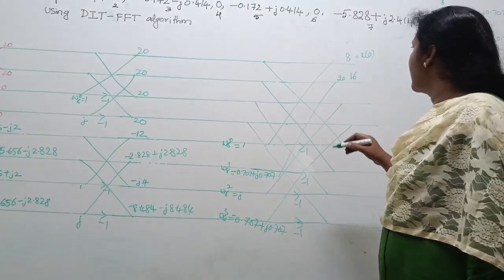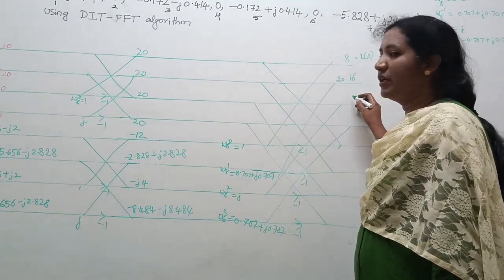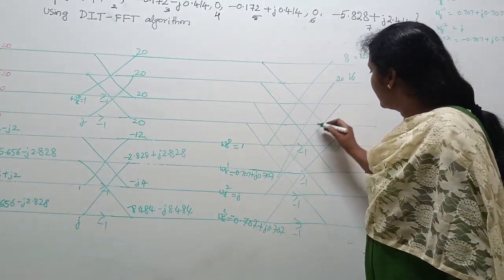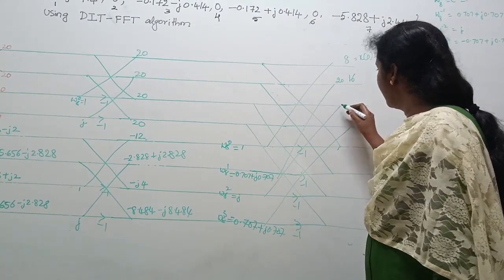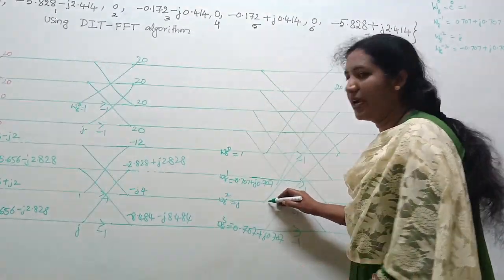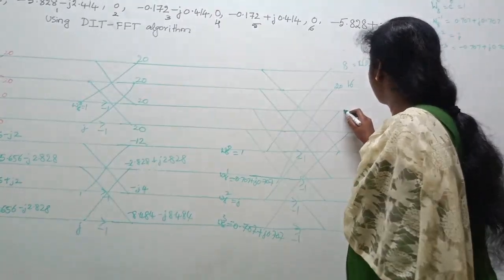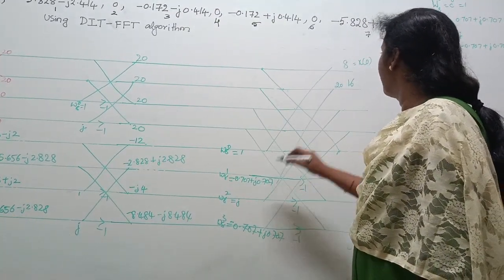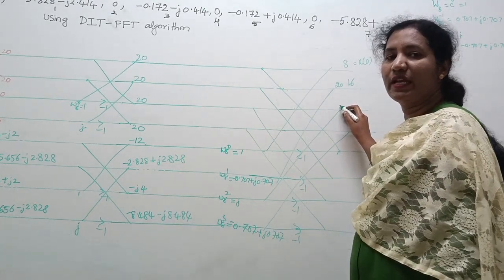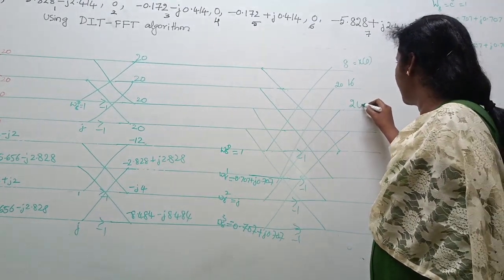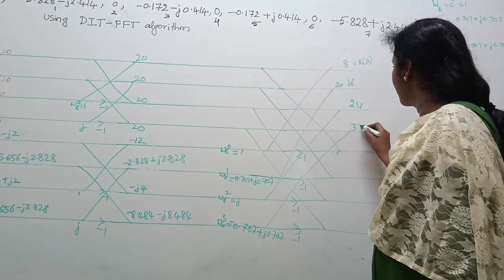And next one is here, you will get the 20 passing here, and we will get here 4 passing here. Then you will get the value as 24 at this point, and then here you will get 32.